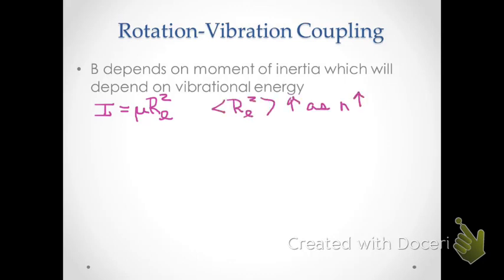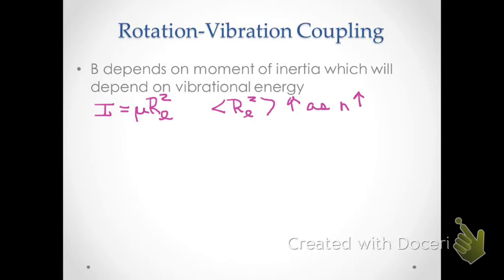The square of the bond length will increase as n increases, and that's due to the vibration changing the bond length. As the bond stretches during the vibration, the moment of inertia will increase. As the bond shrinks during the vibration, the moment of inertia will decrease.